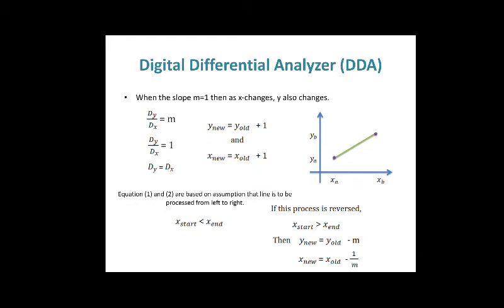But when the process is reversed, meaning the line is drawn from right to left, the start will be this and the end will be this. So x start will be greater than x end, and in that case we have to represent the value with a minus sign. So this is all about the slope values.